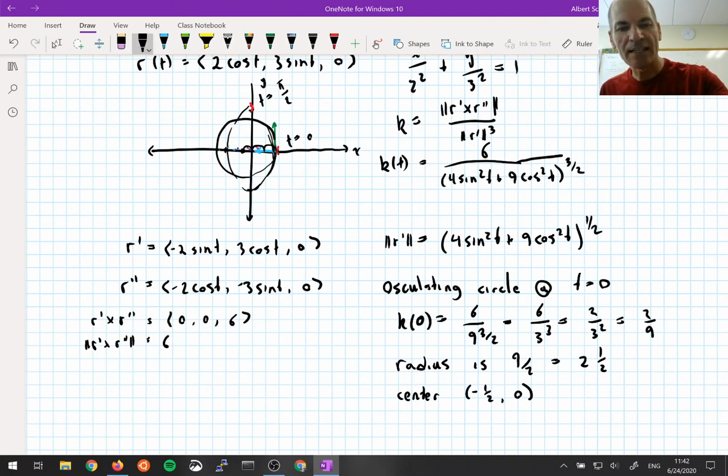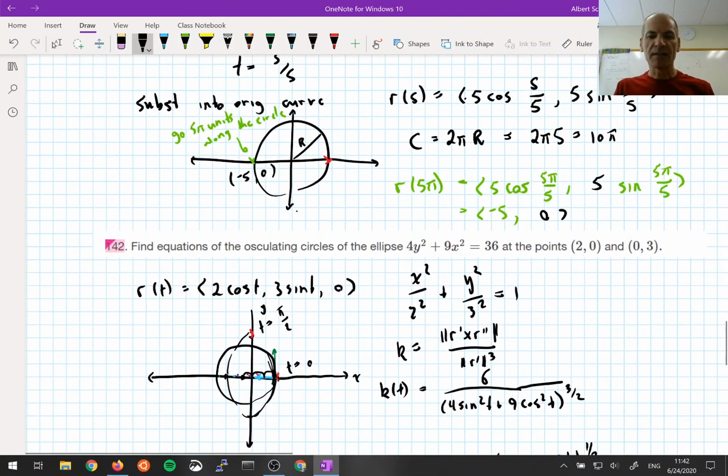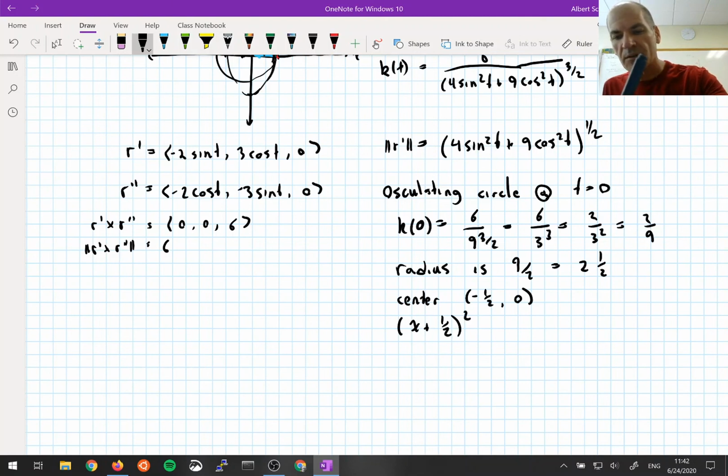It's a circle like that, kind of, that just kisses the ellipse at the point 2, 0. We're asked to find the equations of the osculating circles. Given the center and the radius, the equation is simply x plus 1/2 squared plus y squared equals 9/2 squared.